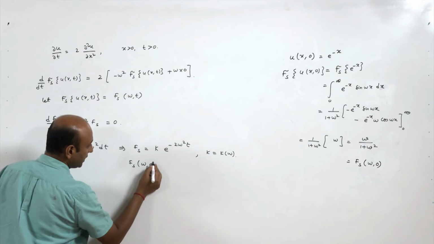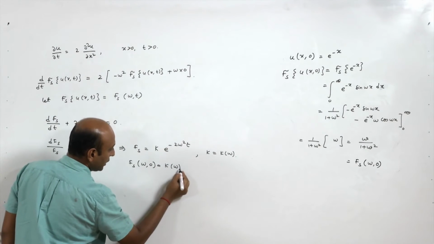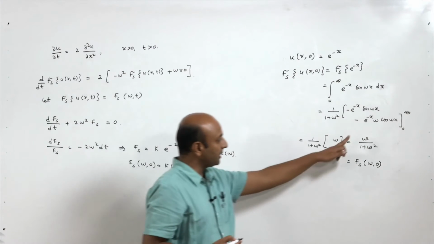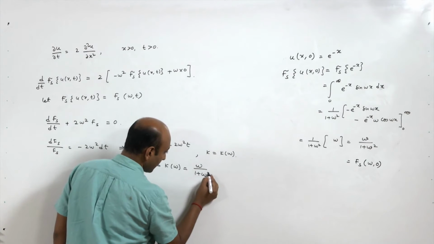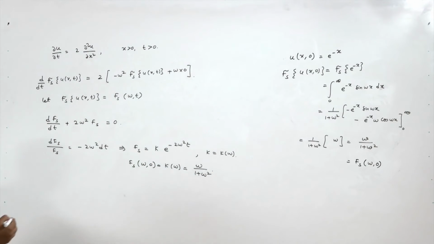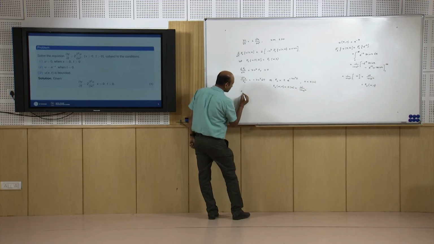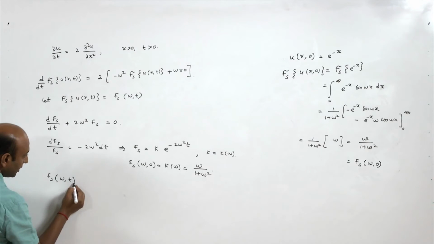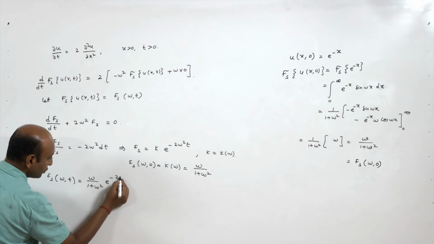When you substitute t equal to 0, it will be k(omega), and k(omega) is nothing but omega upon 1 plus omega square. So, therefore, what will be F_s? F_s(omega,t) will be omega upon 1 plus omega square times e to the power minus 2 omega square t.